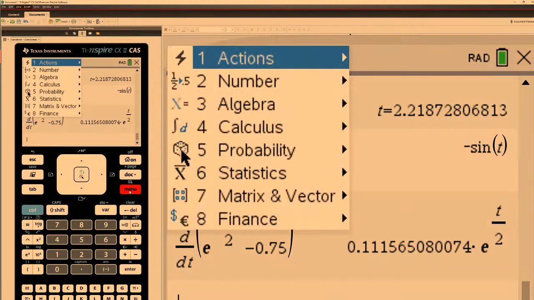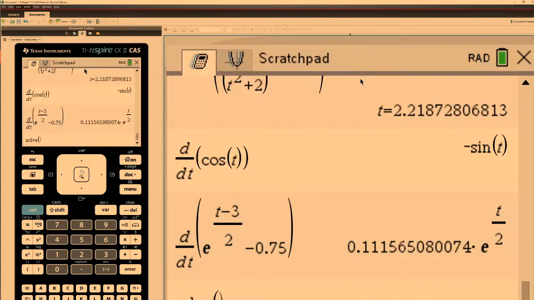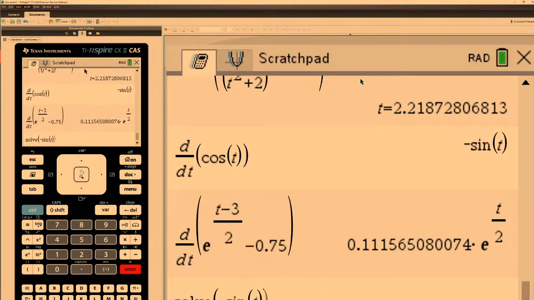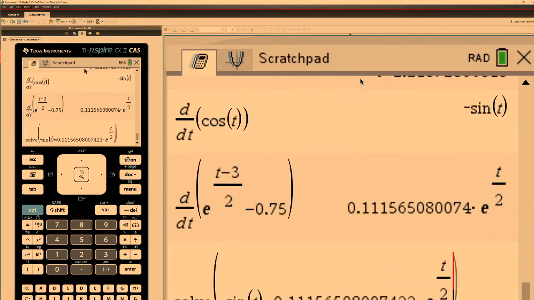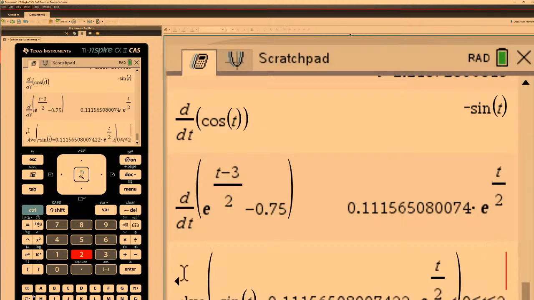And so then we would go to Menu, Algebra, Solve, and we just want to set those two velocities equal to each other. Now, we're not going to do it for every point. We're going to do it at the interval from 0 to 2 pi, because that's what they gave me. 0, less than or equal to t, less than or equal to 2 pi.